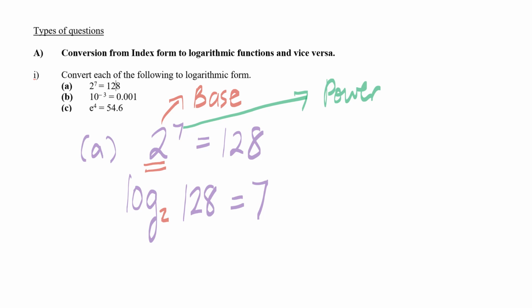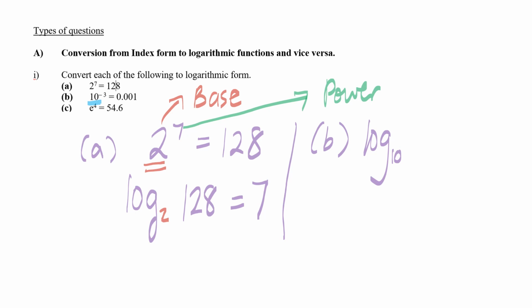It's not difficult. Let's look at B. First of all, we need to have a log. Let's identify the base. The base obviously is 10. 10 is your base here. So the base in your index form will be the base in the log. You identify that first.